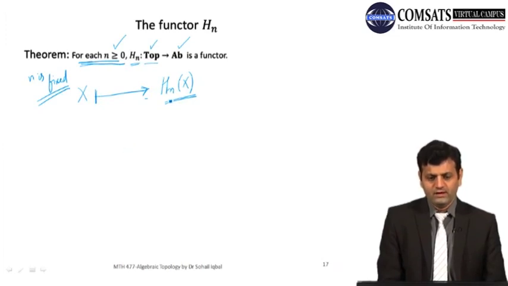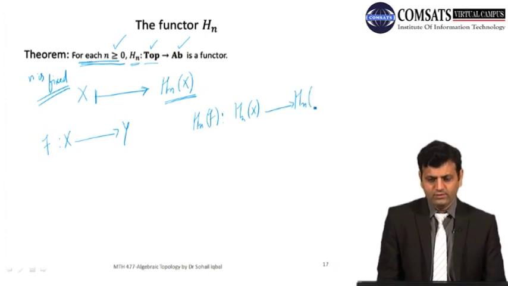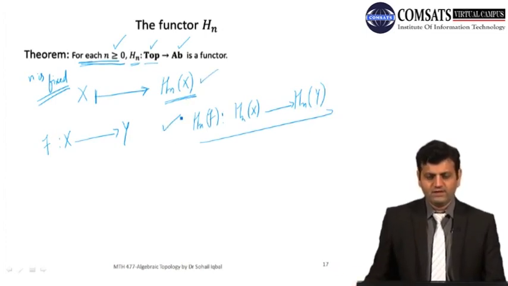And if there is a continuous map between two topological spaces, then it will give me a map. We shall see that it gives a map from the nth homology group of x to the nth homology group of y. So we have images of objects, and we have images of morphisms as well.